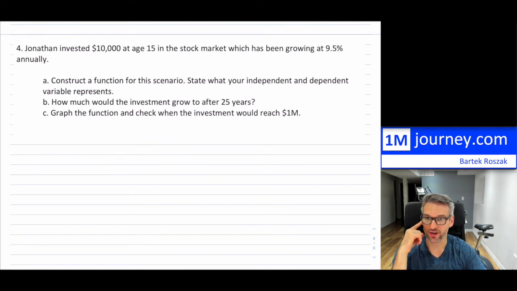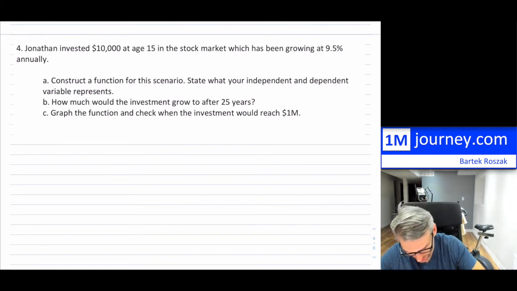So construct a function. Let's do that first. Now this is money, so I'll try to give you the formula as it typically is given for money. I'll say FV, the future value of our money.